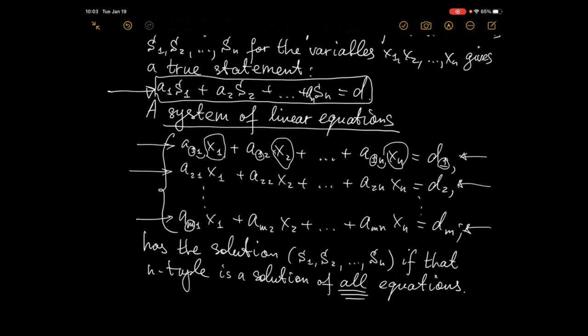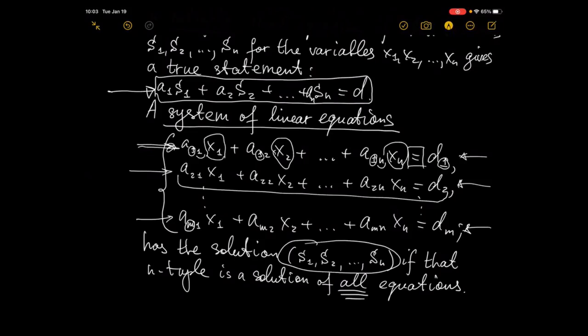That means if I substitute x1, x2, and so on till xn from the solution, or s1, s2, ..., sn, then this statement will be true. But the same set of numbers has to satisfy also this equation, and so on till the last equation.